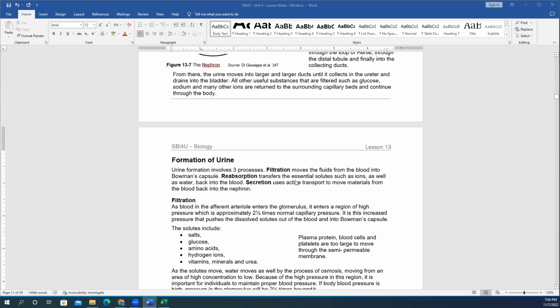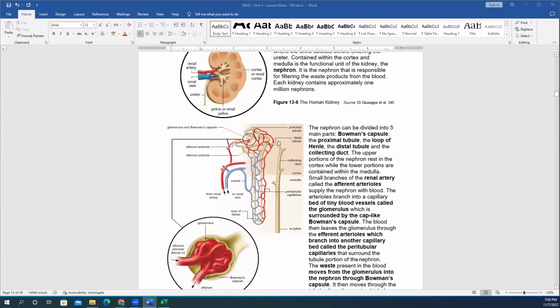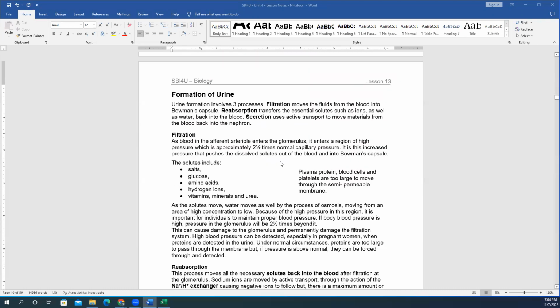Once again, the distal tubule, just to bring you back to our diagram, is the tubule after we go down to the loop of Henle and come back up. This here is the distal tubule, which then connects to the collecting ducts.